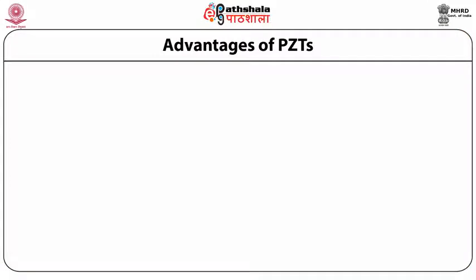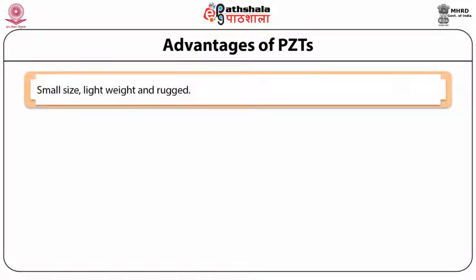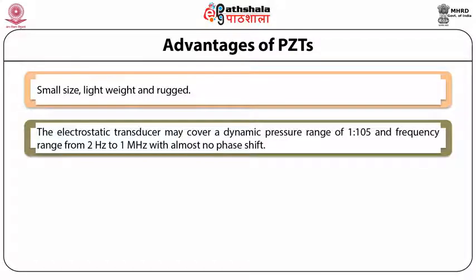Let us now discuss the advantages and disadvantages of PZTs. First, the advantages. They have a small size, lightweight and rugged. The electrostatic transducer may cover a dynamic pressure range of 1 to 10 to the power 5 and frequency range from 2 Hz to 1 MHz with almost no phase shift.